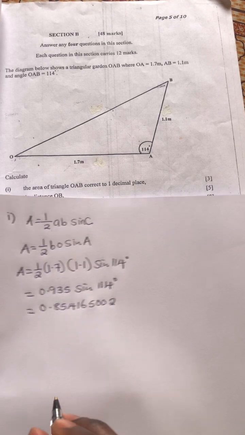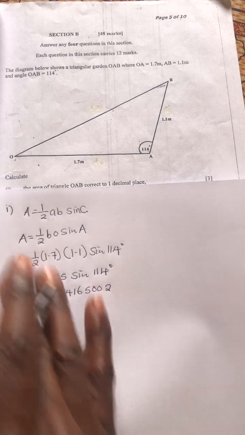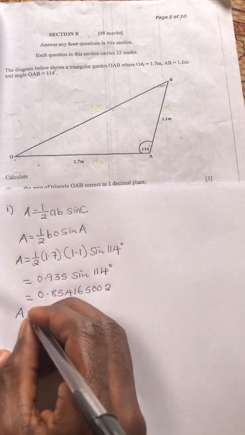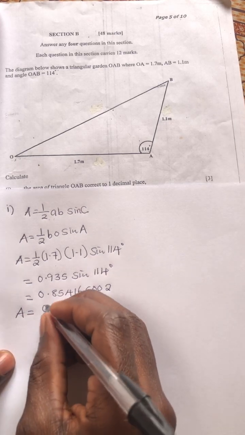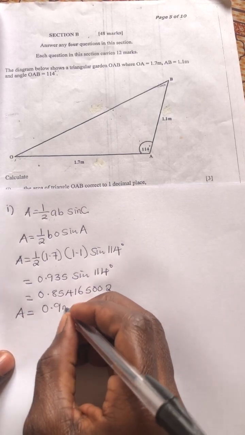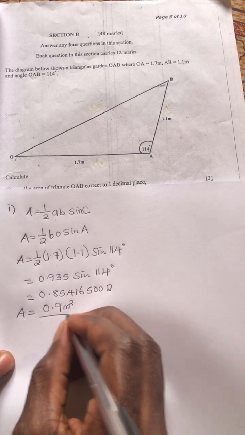Now the question has specified that this has to be corrected to 1 decimal place, so the answer will be 0.9 meter squared.